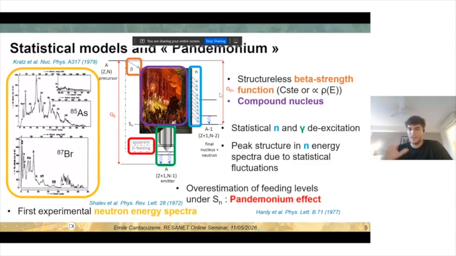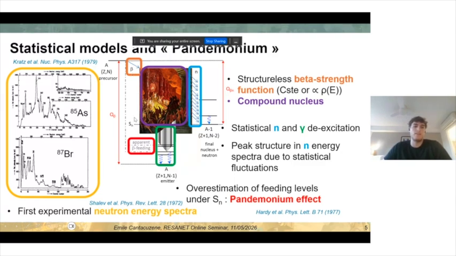And this kind of led to a big argument in the scientific community, because it is indeed a very bold statement. And this led to an effect that you probably have heard before, called the pandemonium effect, that basically states that if the way of the excitation above Sn is fully statistical by low energy particles that you don't see in your detectors, it basically means you don't know whenever you feed levels above Sn.